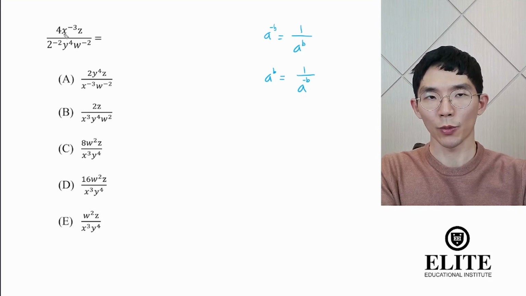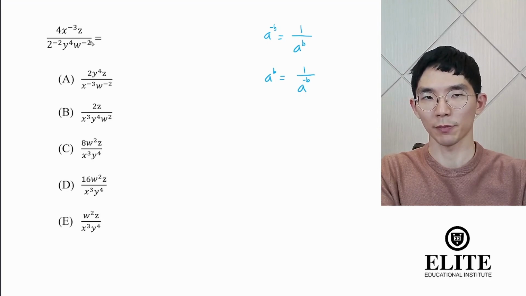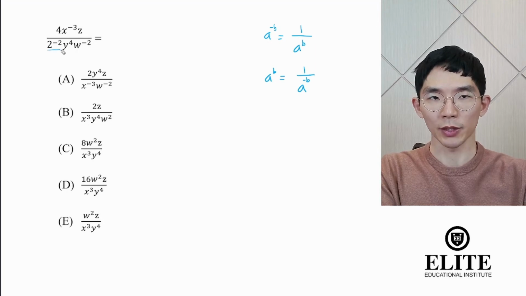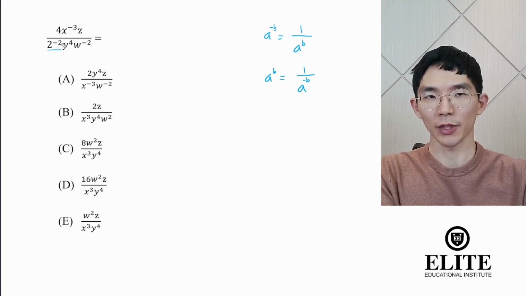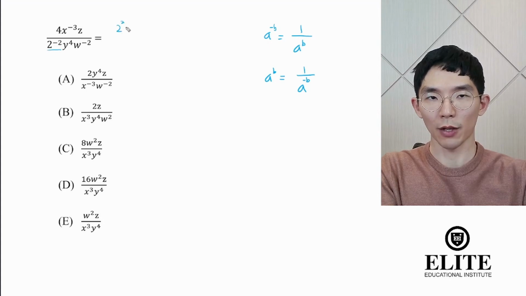So what do we know about it? We're going to start by converting all the negative powers into positive powers. So let's start with this one, 2 to the power of negative 2. Because this is in the denominator, we're going to switch it over to the numerator. So it's going to become 2 to the power of 2 times 4. Then x to the power of negative 3.